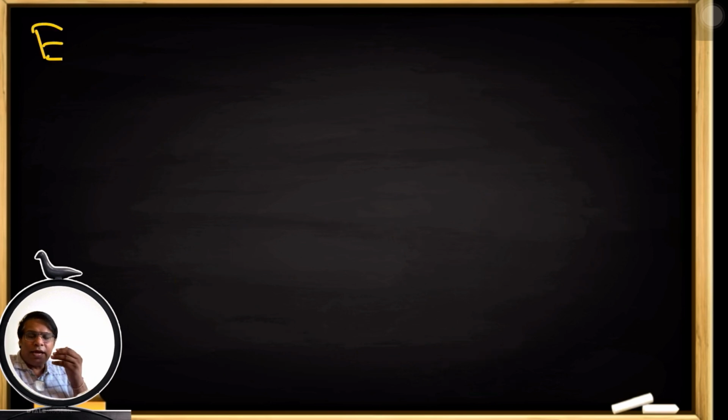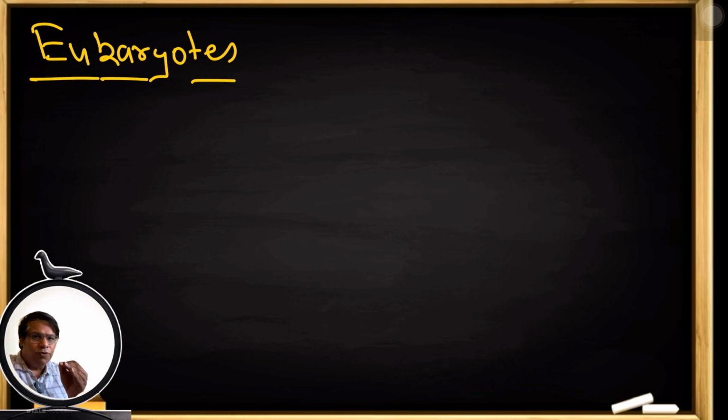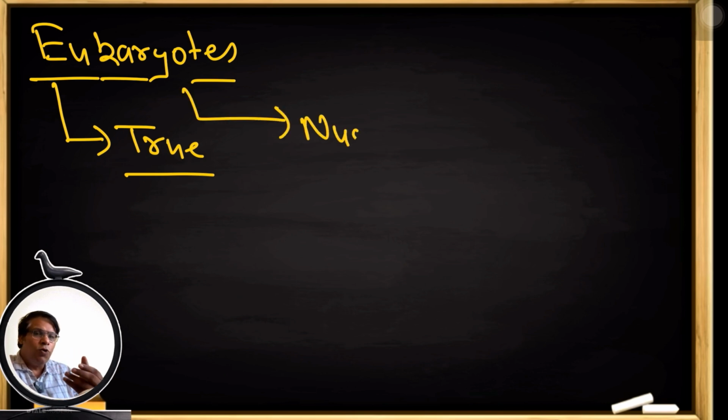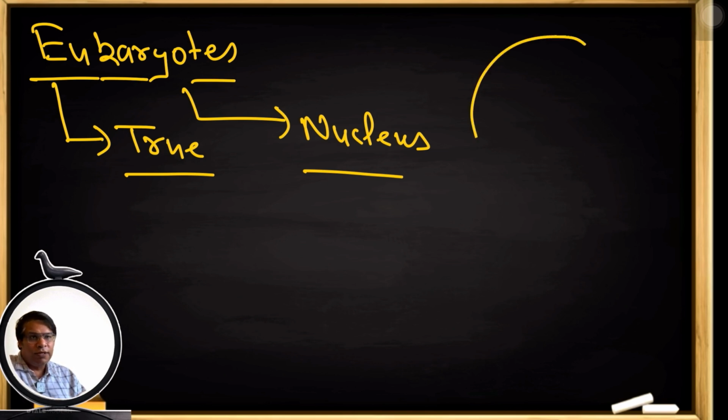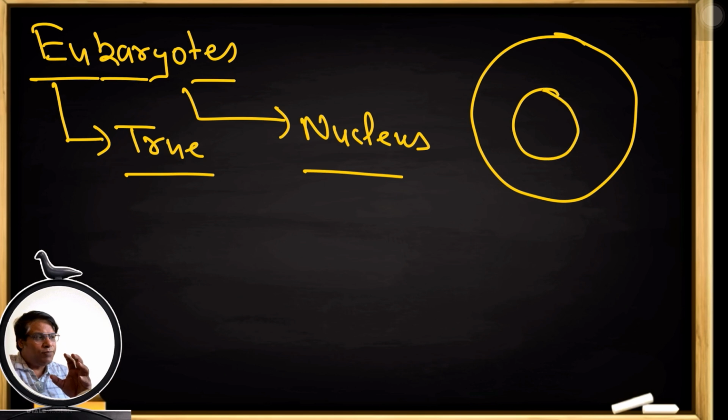If you see in the case of eukaryotes, here if you see the term eu, eu stands for true. Karyotes, as I have told you, comes from the word karyon, means nucleus. In case of eukaryotes, what you are going to see is true nucleus. Try to see the structure of any eukaryotic cell.